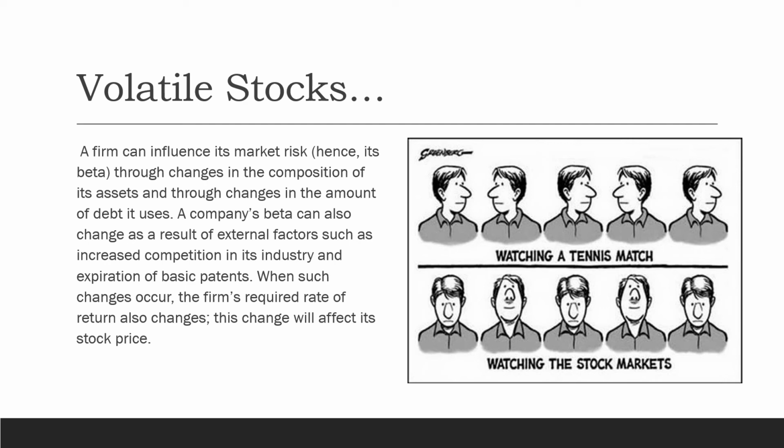So a company's beta can change as a result of a lot of internal factors. Now, throughout the entire time you hold the stock of a company, its value changes. So you paid X amount of money for the stock, but the value when you sell it changes the whole time. And that can be rather difficult to keep track of.